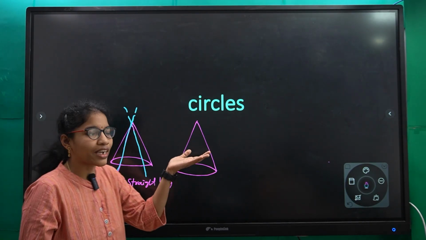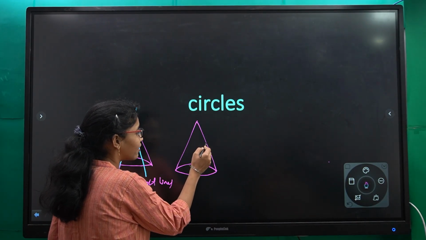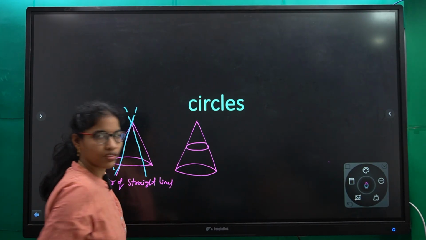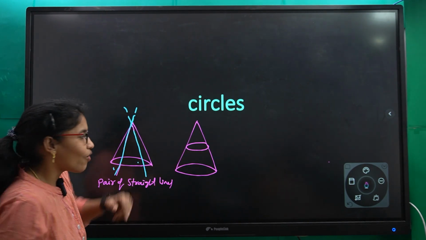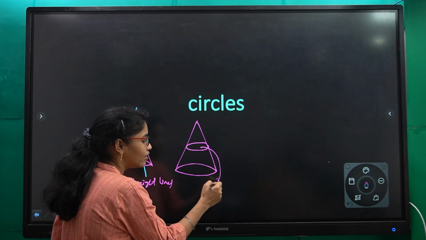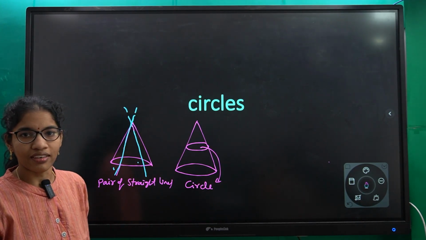Suppose you take the same cone. Whenever you cut this cone parallel to the base, what figure will you get? Which is a circle, right?